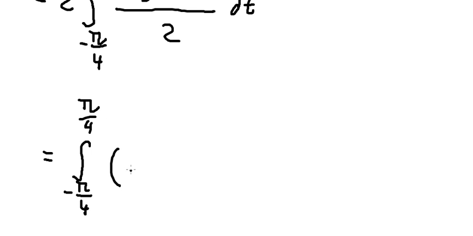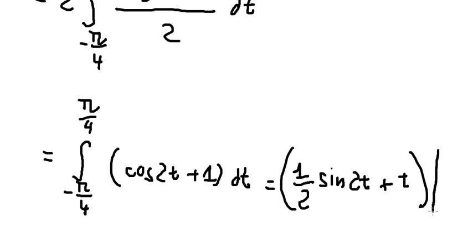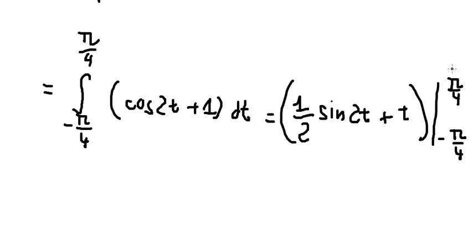So we just have only cosine 2t plus 1. The integration of this one, we have 1 over 2 sine 2t, and the integration of 1 is t in here. So we put the bounds from negative pi over 4 to positive pi over 4. So I will put pi over 4 in here and negative pi over 4 in here.